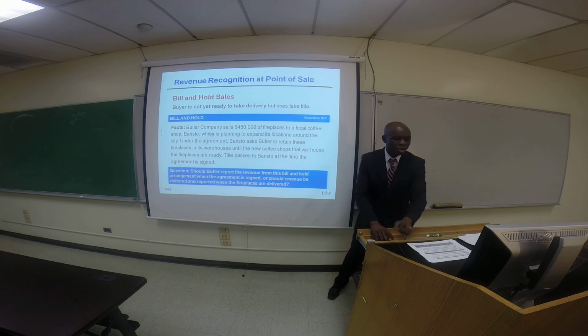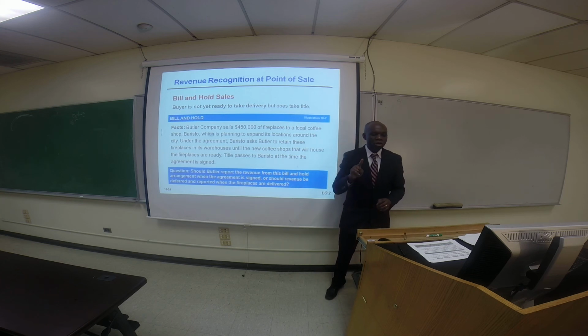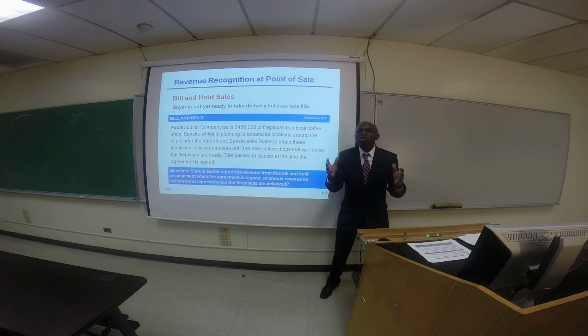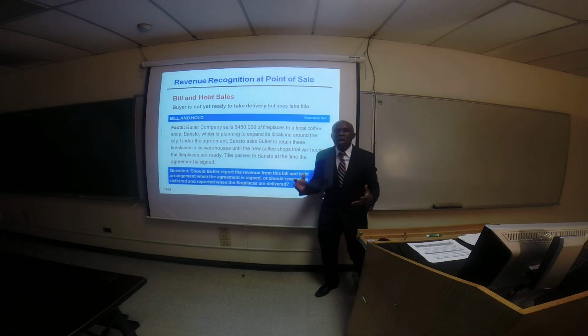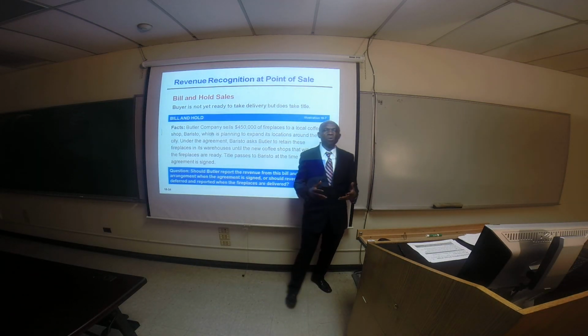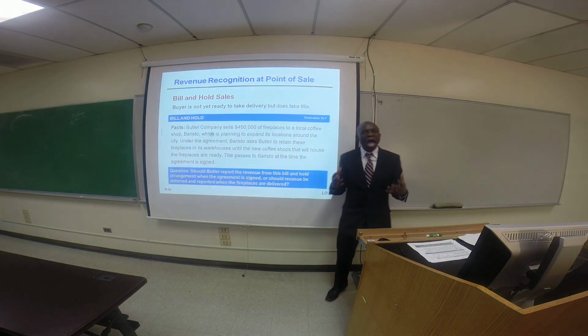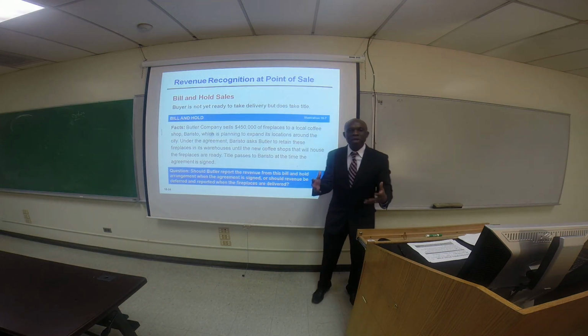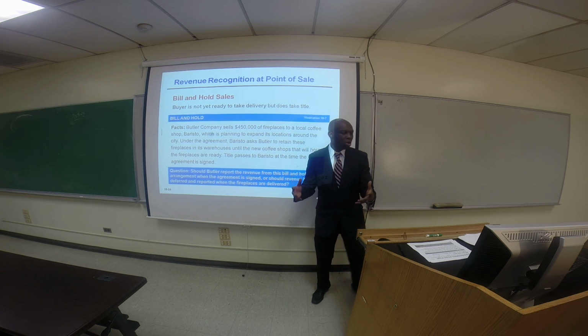Now, let's take a look at the 4th example of recognition of revenue at point of sale, and that is bill and hold sales. So what are we talking about here? This is a situation whereby, just take a look at an example, assuming that this is a Home Depot. You go to Home Depot to buy equipment, stoves, because you are opening a restaurant, and you bought 10 stoves, but you said to Home Depot, well, I really don't have a space for these 10 stoves right now.